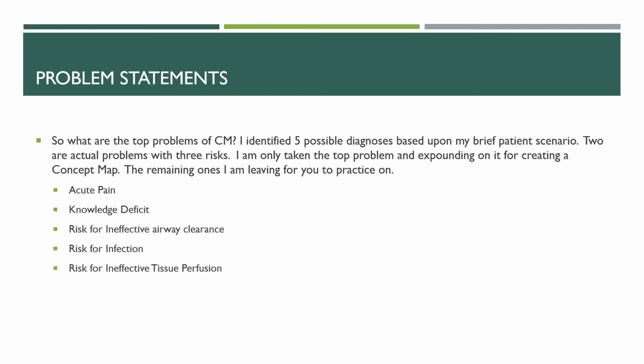So I put our risks at the bottom there. I probably should have moved tissue perfusion up above the infection, but I really wasn't going all out here. I just wanted to bring y'all to focus on one problem that I could take and go all crazy on.